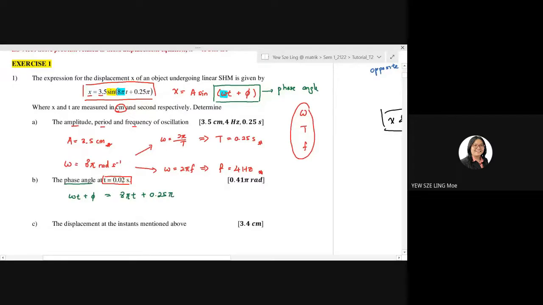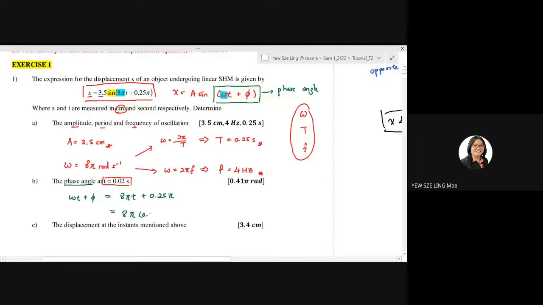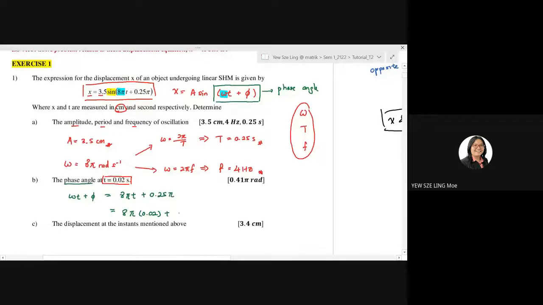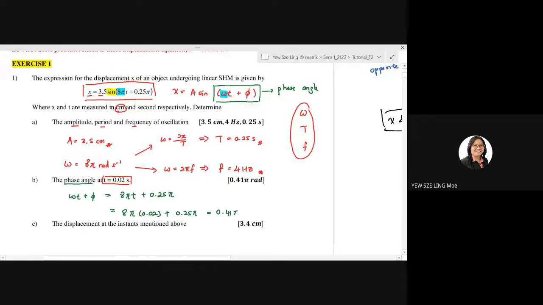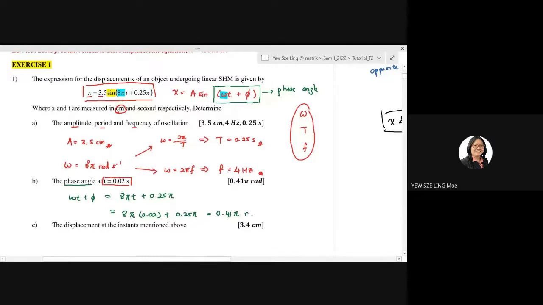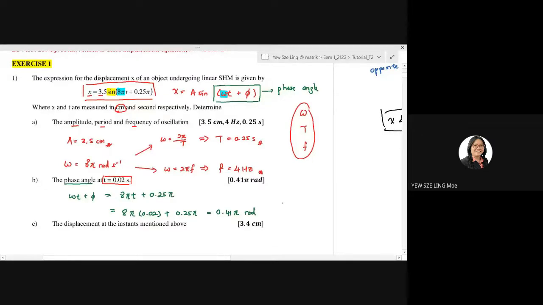Given t equals 0.02 second, you just substitute it into the equation: 8 pi times 0.02 plus 0.25 pi. If you solve it, eventually you obtain 0.41 pi. The unit is radian, because it's an angle. So this is the answer for question B.